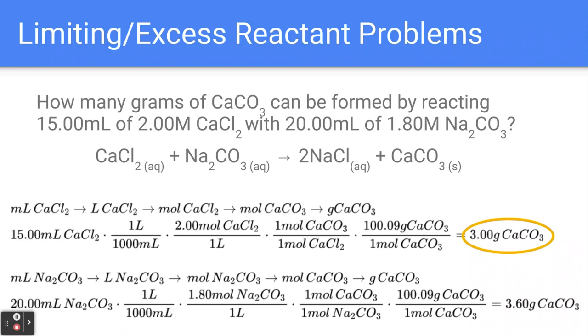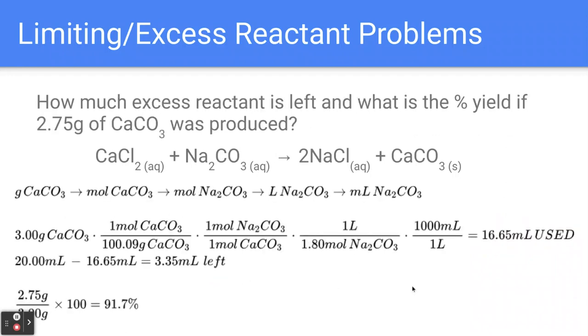And then the next one, 20 milliliters, out of milliliters into liters, out of liters into moles using 1.80 moles from the molarity, and then 1-to-1 mole ratio, and then the molar mass. So that one could produce 3.6, but that's not our answer. We only circle 3. Now, how much excess reactant is left over, and what is the percent yield if 2.75 grams is produced?